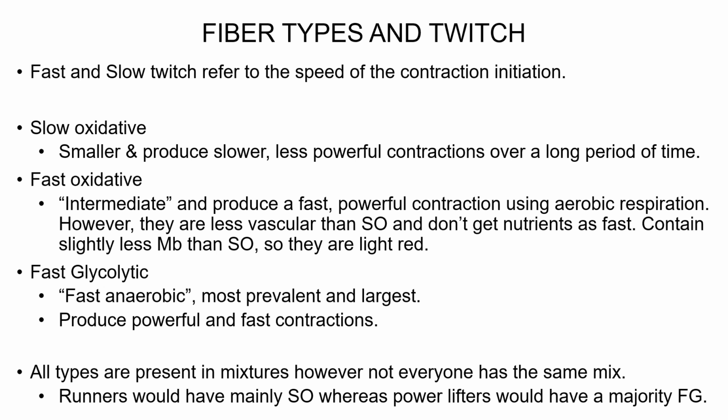So three types, and depending on what book or what article or what journal you read, a lot of times they put numbers to them. They put type 1 and type 2A and type 2B, type 2X. And there's just so much debate and disagreement within the exercise physiology community that I don't even use those numbers.